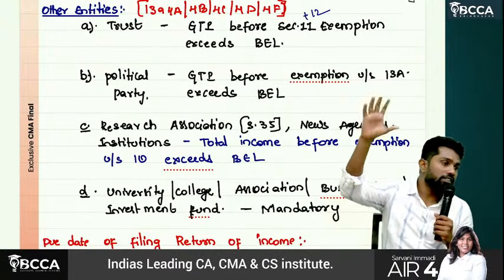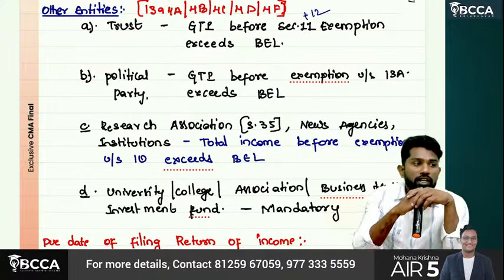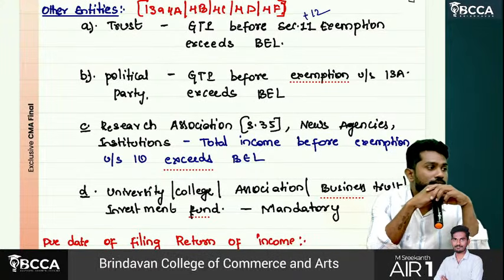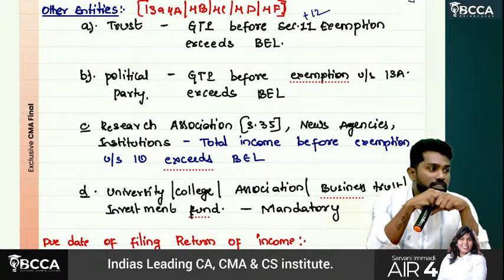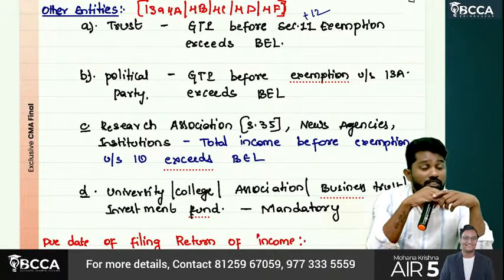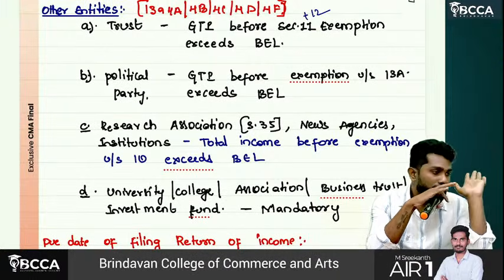So once again, sir, the total we'll discuss. First, for whom is it mandatory? Company, firms, and towards the end we also discuss something extra. Investment funds, universities, colleges, associations, business trusts. Okay, done.